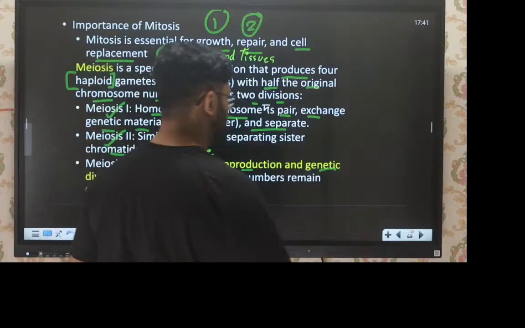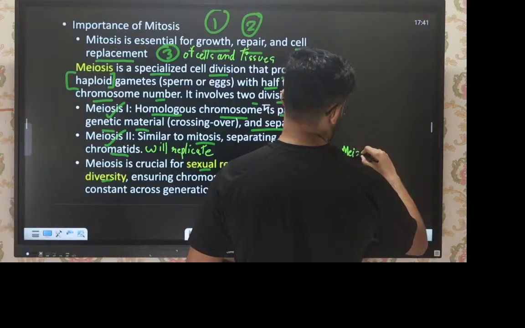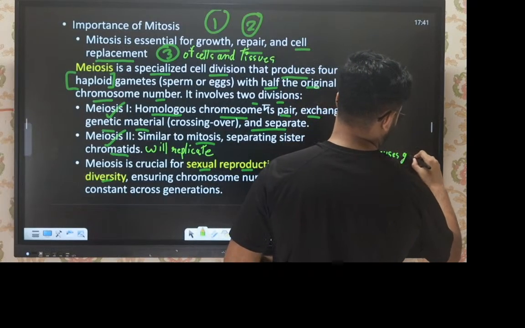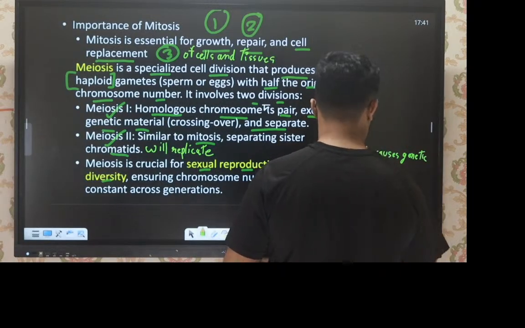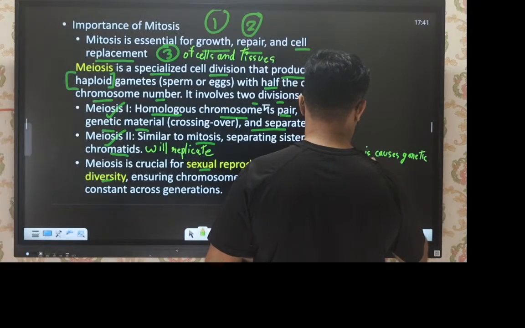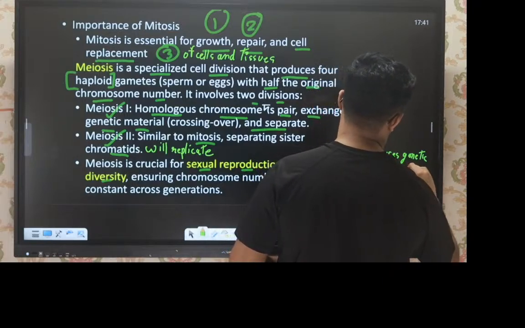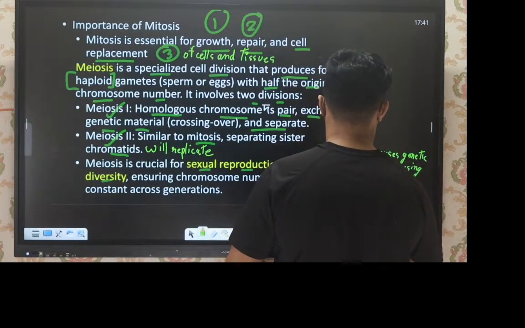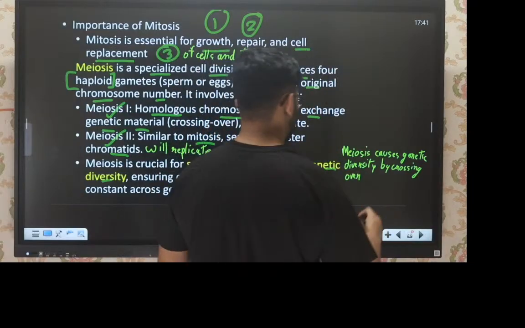Meiosis causes genetic diversity by crossing over and sharing of alleles.